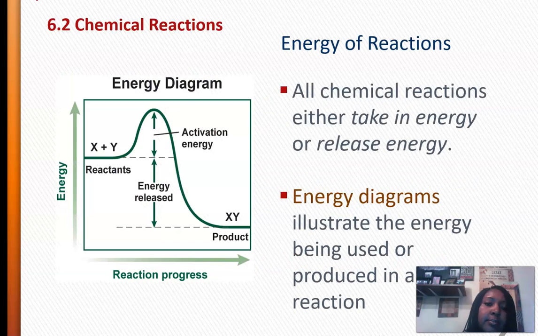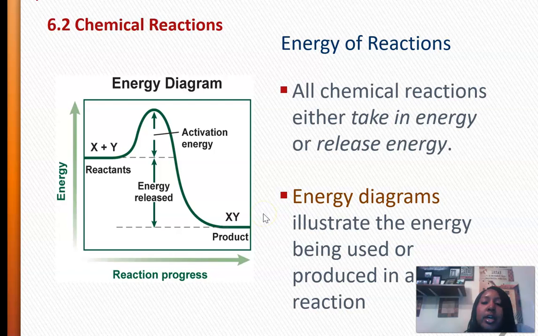Good job. Here is an energy diagram. When you have a reaction, you have energy that's either being taken in or energy that's being released. You can see by this energy diagram that the amount of energy for the reactants is higher than the amount of energy for the products.